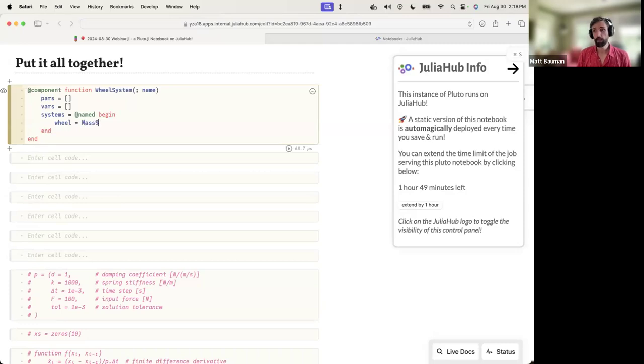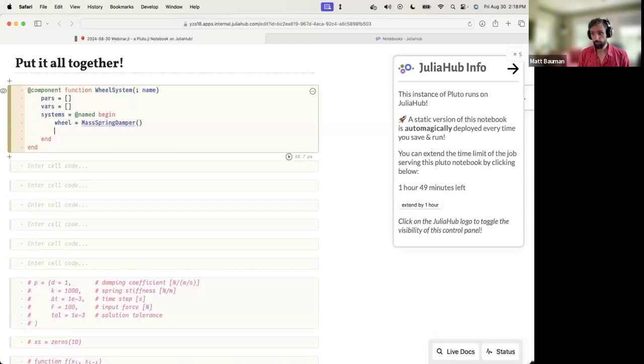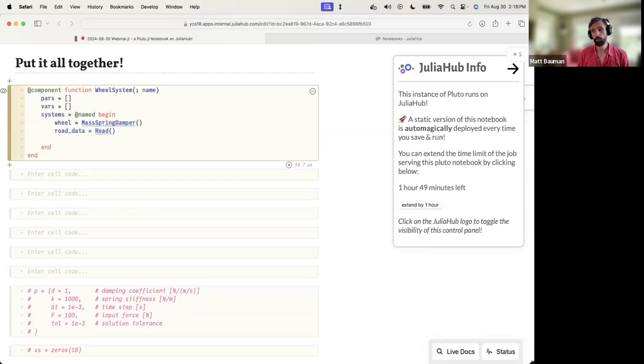Our road data is going to come from that road input, and we're going to connect that to our road as a position input that we can then pass to the mass spring damper. So those are the three components that we'll have in this systems model.